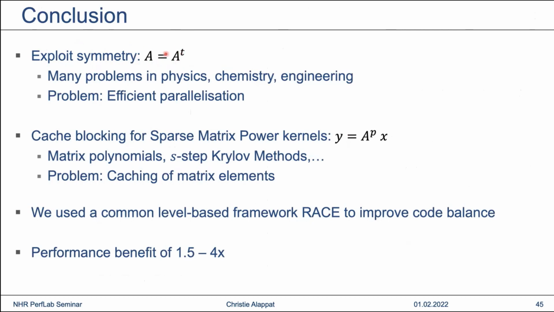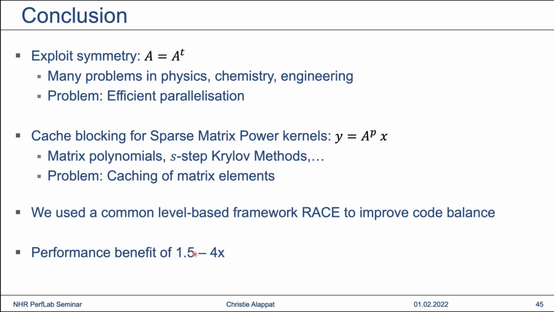One was to exploit symmetry, and the other is to increase the caching. And we have seen various applications which can use them, and also the performance speedup that we could attain using these methods. For both of these methods, we saw that we could use this RACE framework to improve the code balance and attain the performance benefit.